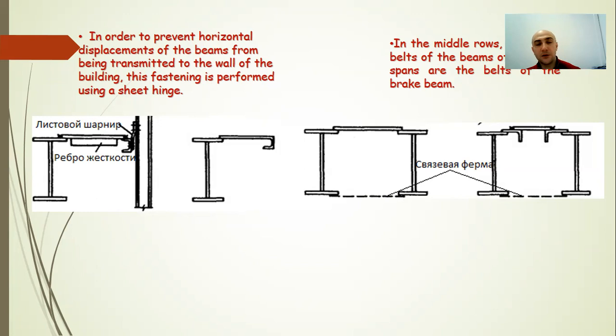In the middle rows, the upper belts of the beams of the spans are the belts of the brake beam. Sheets of brake beams are welded to belts with a continuous seam with a weld on the bottom side or fastened with higher strength bolts. To ensure local stability and prevent any accidental deflections, the brake sheets are reinforced with stiffeners.